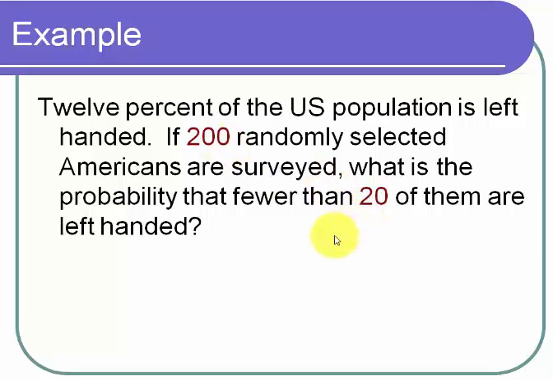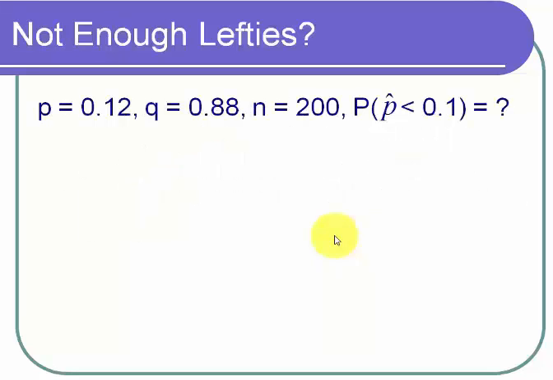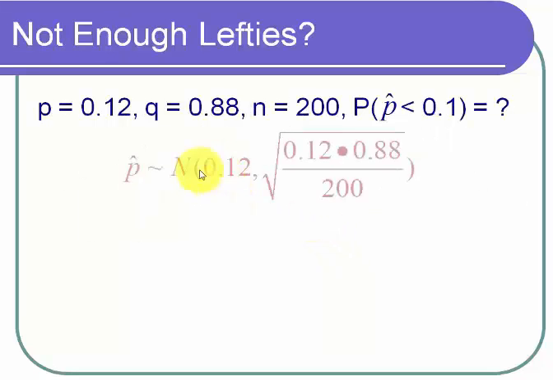So I can use the central limit theorem for proportions and say that the binomial distribution is approximately normal, so the distribution of p hats is approximately normal, with mean 0.12, because 12% are lefty, and standard deviation the square root of 0.12 times 1 minus 0.12, which is 0.88, divided by 200. And we want to find the probability that this sample proportion will be less than 0.1. Well, we could draw a picture.